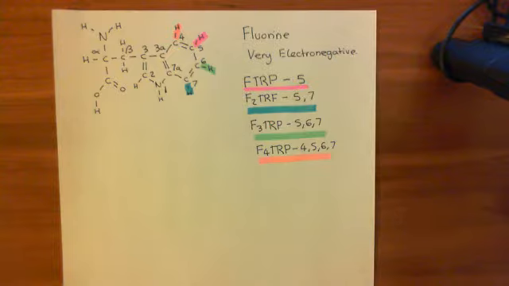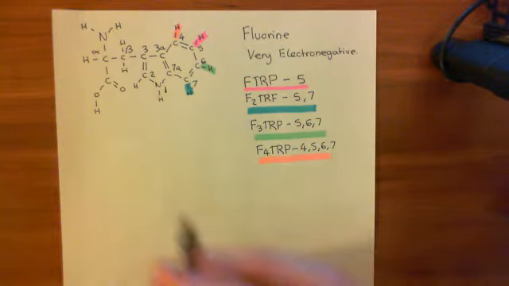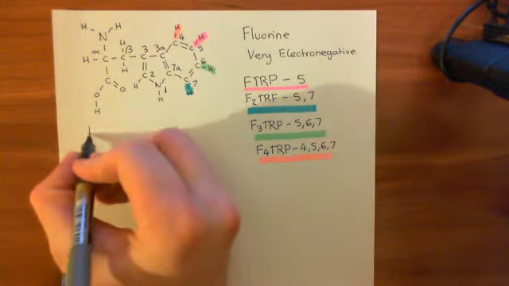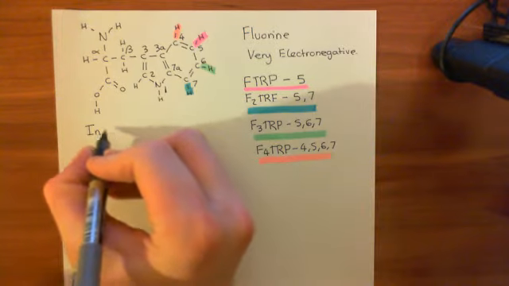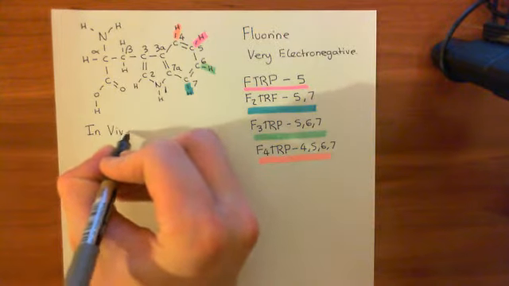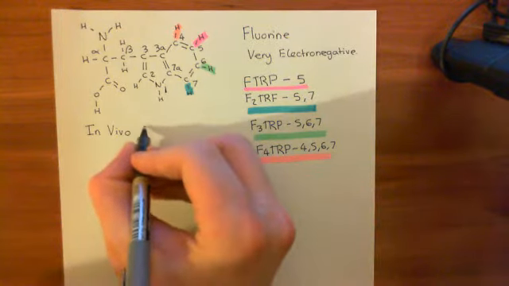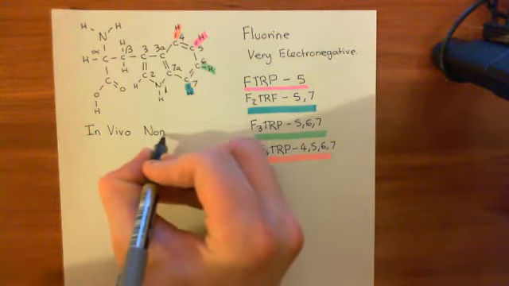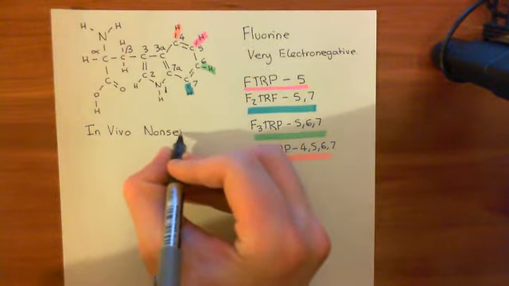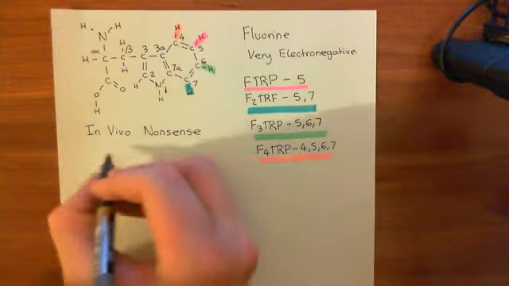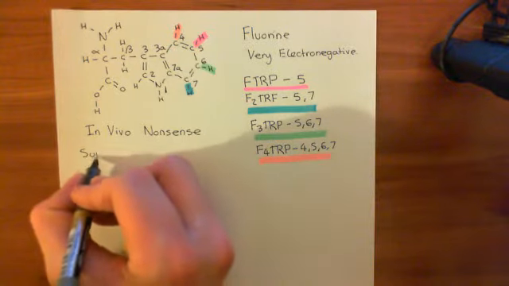And that is what you see, but I want to now explain to you how you can get a single modified tryptophan in that exact position. This is something known as the in vivo nonsense suppression method, and you'll see why it's called that.